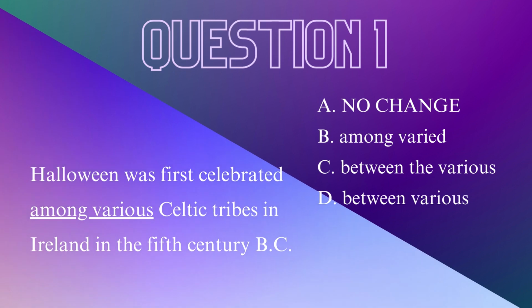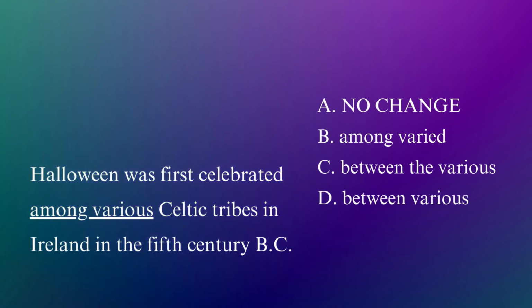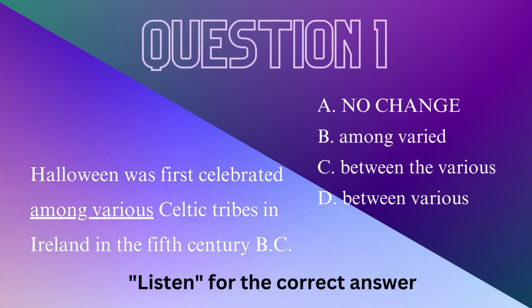Question 1. Halloween was first celebrated among various Celtic tribes in Ireland in the 5th century BC. Among various is underlined. Choice A, no change. B, among varied. C, between the various. Or D, between various. Remember, you can substitute each answer choice for the underlined portion to listen for the correct answer.